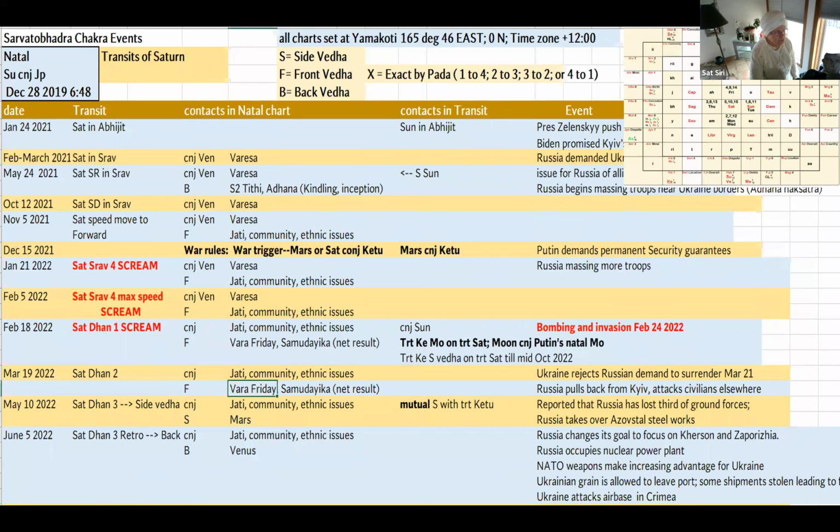So that was hugely, there's no stopping fate unraveling from here. And on February 18th, it moved into Dhanishta, the first pada. It's in the screen, and it will be in the screen all the way until March 19th of 22. And the bombing and invasion started 6 days after Saturn came into Dhanishta, a nakshatra which is ruled by Muruga, or Kartikeya, the god of war.